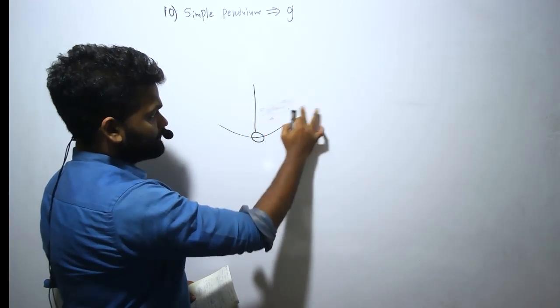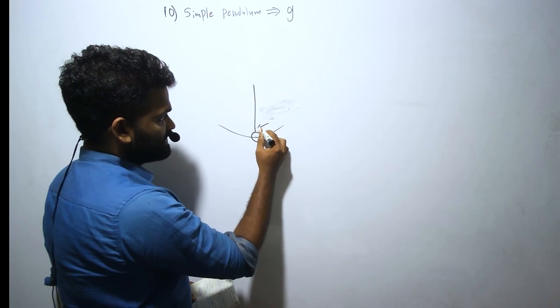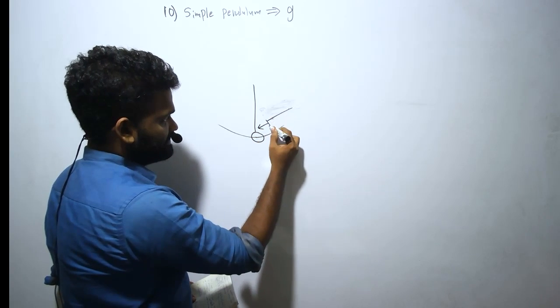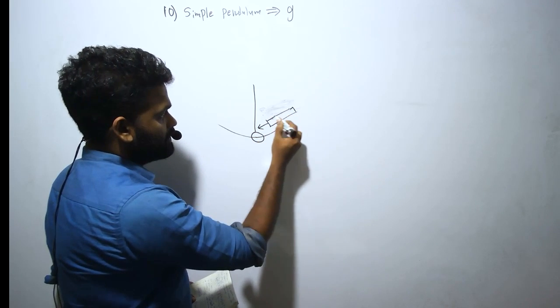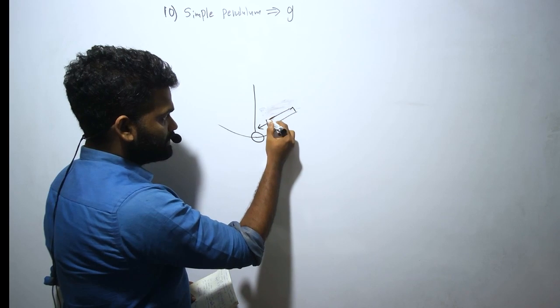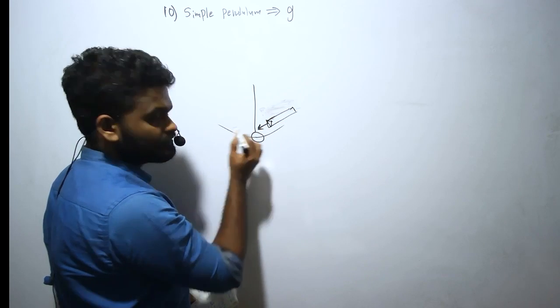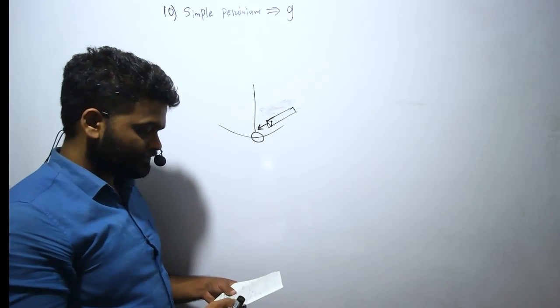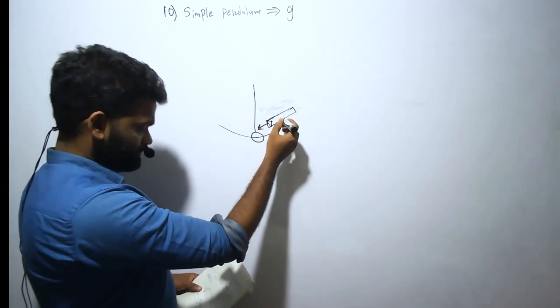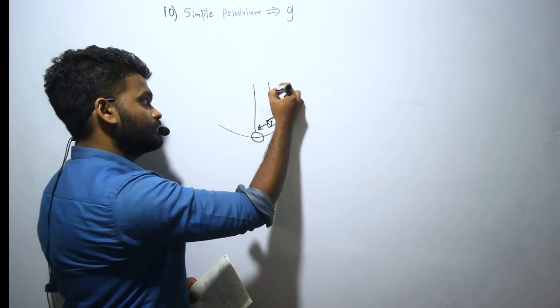So it cannot touch the string, otherwise it would disrupt the oscillation. Locating pin should be behind the string like this. Understood? So this is the locating pin.